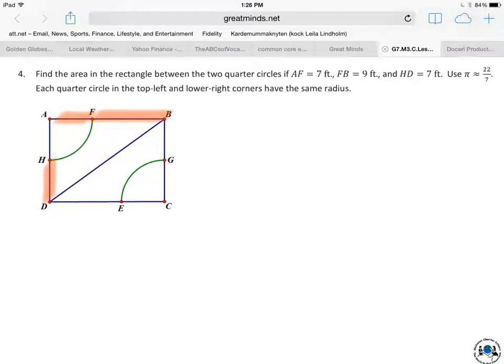Let me write those down for you. I'd like it if you did as well. These are all in feet. AF here is 7 feet. FB is 9 feet.